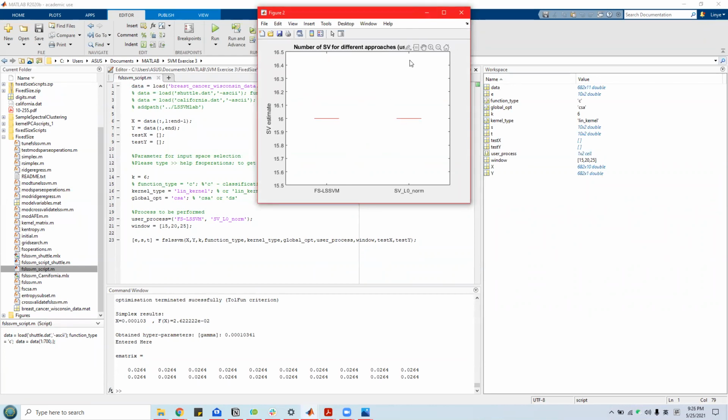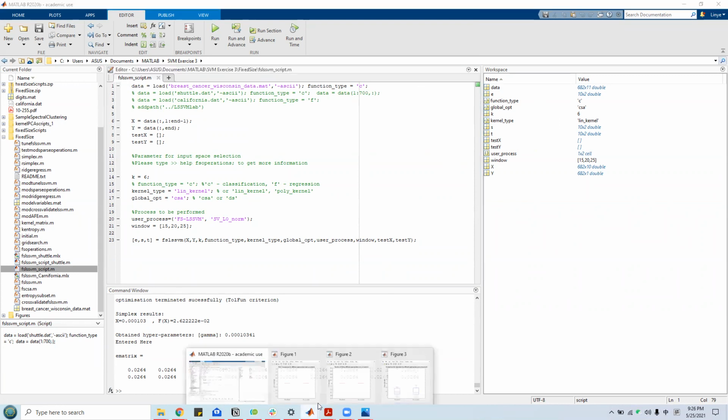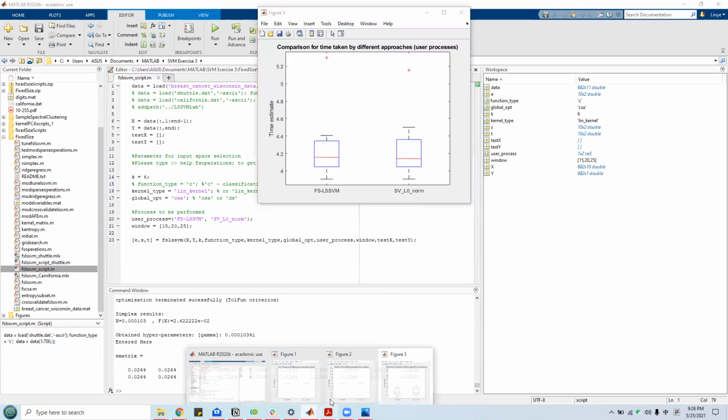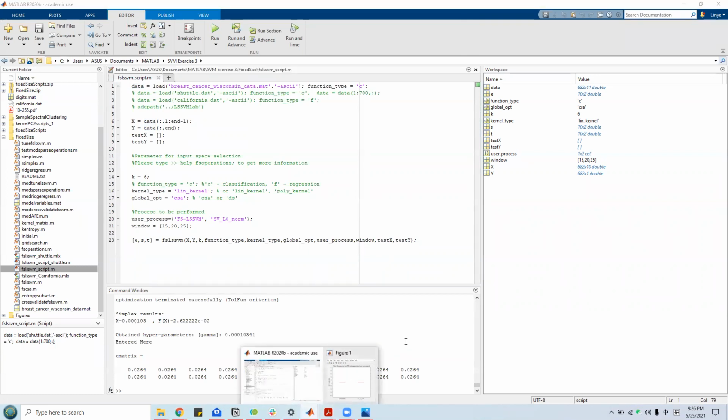Yeah, sometimes you go to 16. I think if you run multiple times, for some runs you get a smaller number of support vectors. But I think it also depends on the nature of the data set. So maybe for this breast cancer data set, the two algorithms perform similarly.